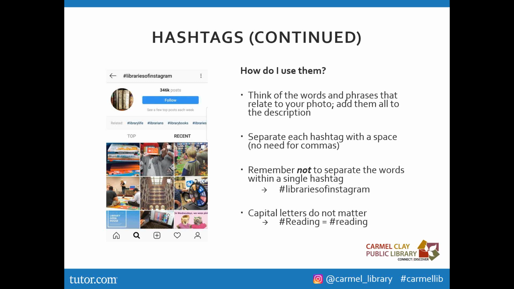But anywhere in your post works, it doesn't matter where. And as long as you type the hashtag symbol followed by a word without any spaces, that grouping of letters, no matter how many words it is, creates one hashtag. And to start a new one, you simply hit the space bar and start typing a new one. So you don't need to put any commas or anything else to separate them. You'll just type it out.